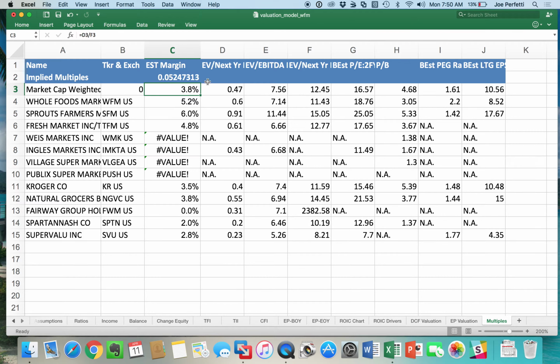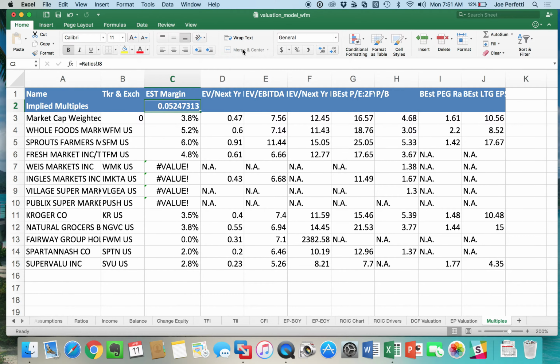That's our implied margin using these numbers. Then for our market cap weighted average, what we had done here, 5.24%. I'll format this as a percent. 5.2 was what the market used. 5.2 is what we came up with when we adjusted the model to get the as is.